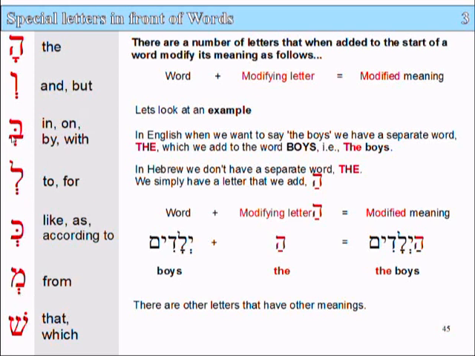The bait means in, or on, by, or with. The lamed means to or for. The kaf means like, or as, or according to. The mem means from, and the shin means that or which. So when we put these letters in front of the word, they change its meaning slightly. So let's have a look at some examples.